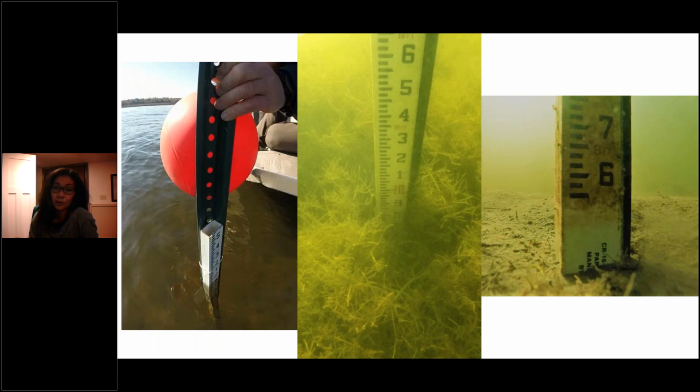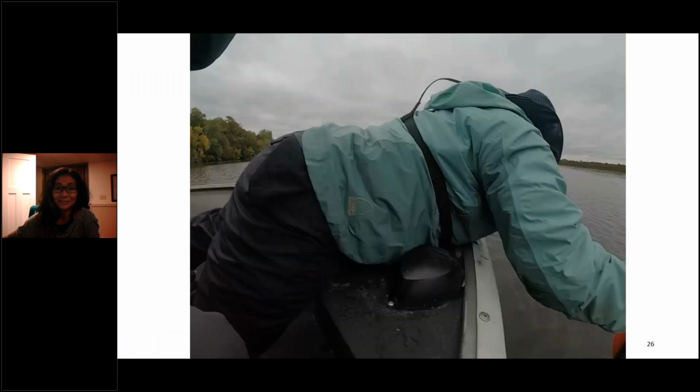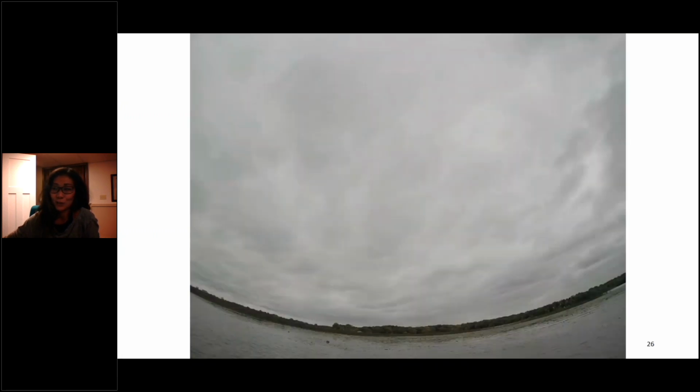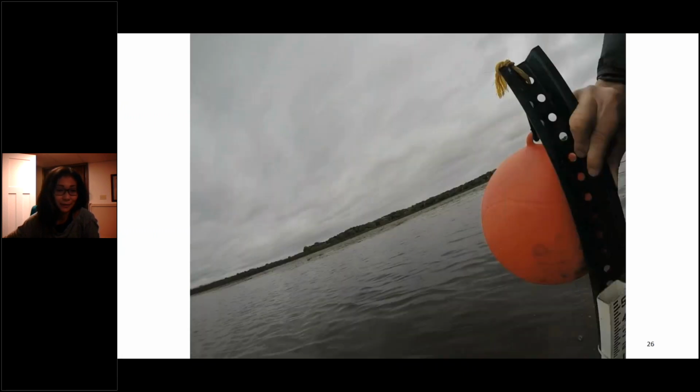You attach some sort of ruler or measurement, and then we drop down an underwater camera, a GoPro, alongside that ruler and measured the plant bed height within each treatment. So we had 5 stations permanently set up for this. And I'll just show you what that looks like. Apologies if you get motion sickness a little bit.